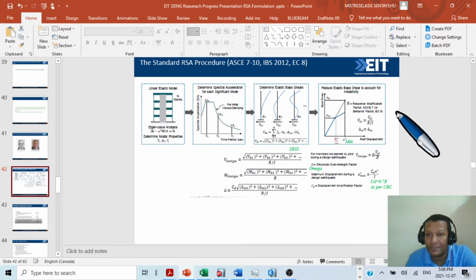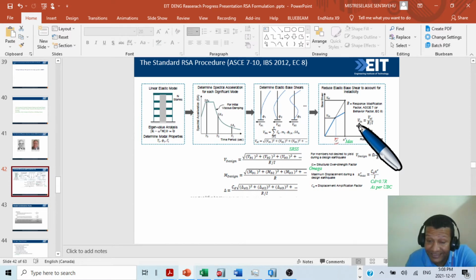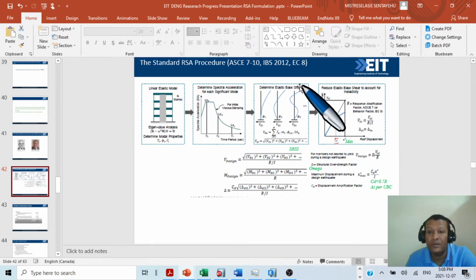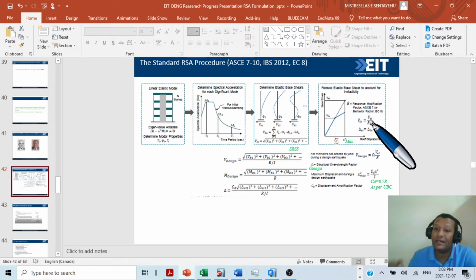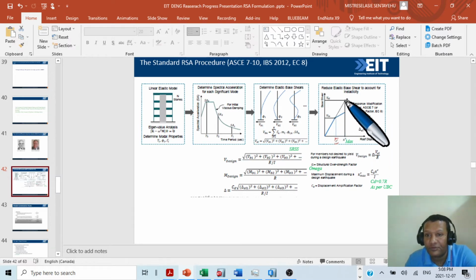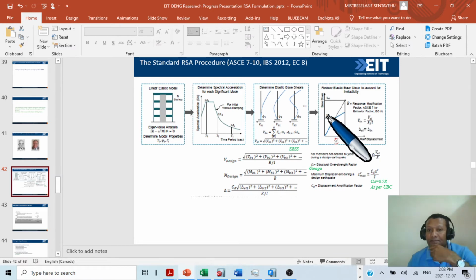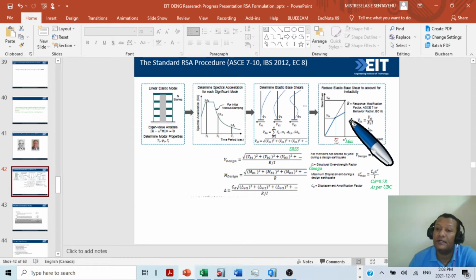So V inelastic is equal to V elastic, the elastic response we find, divided by R over I factor. Then it will give us the reduced level from here to here. So this is for considering the ductility factor of our structure.